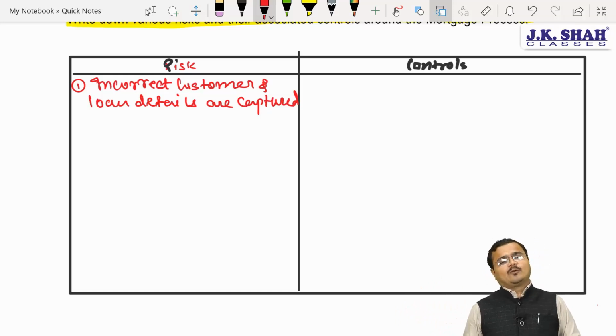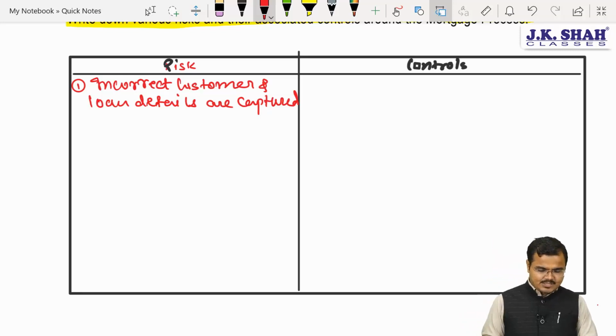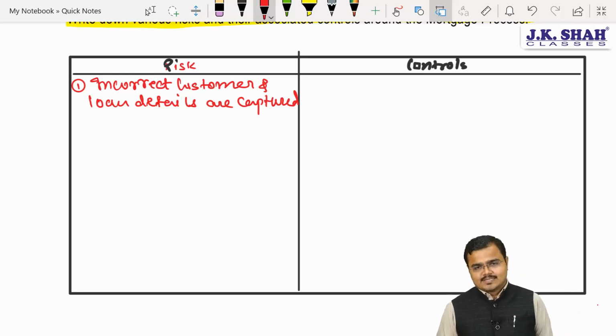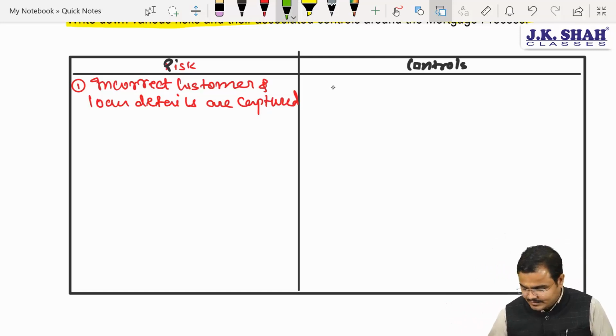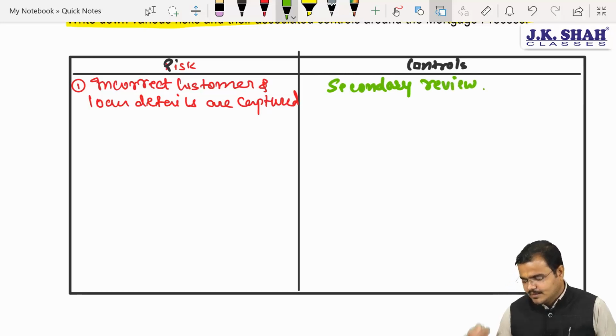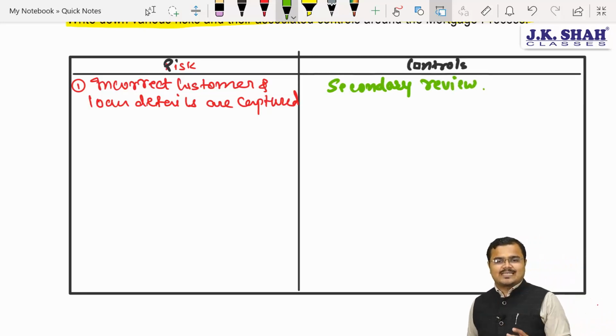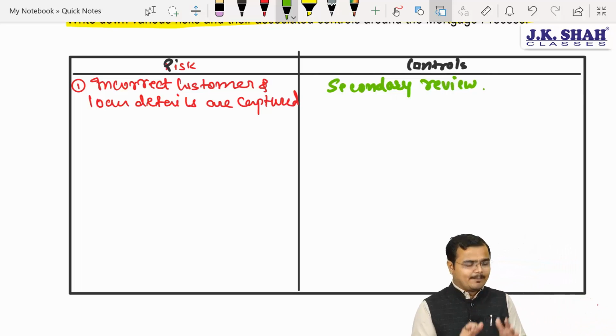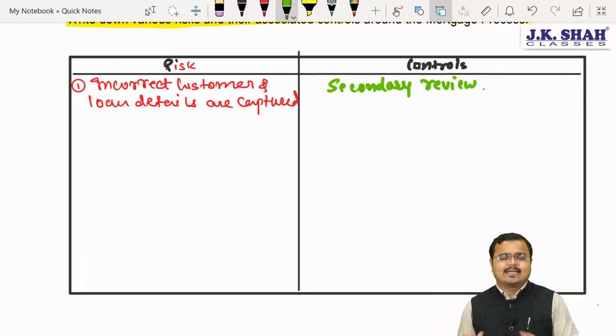It will affect the overall downstream process; the entire process goes completely wrong. To control this, a very important thing is needed: secondary review. Let two persons review the overall process and procedure so that the risk could be minimized to a great extent. Agree? Yes, sir.